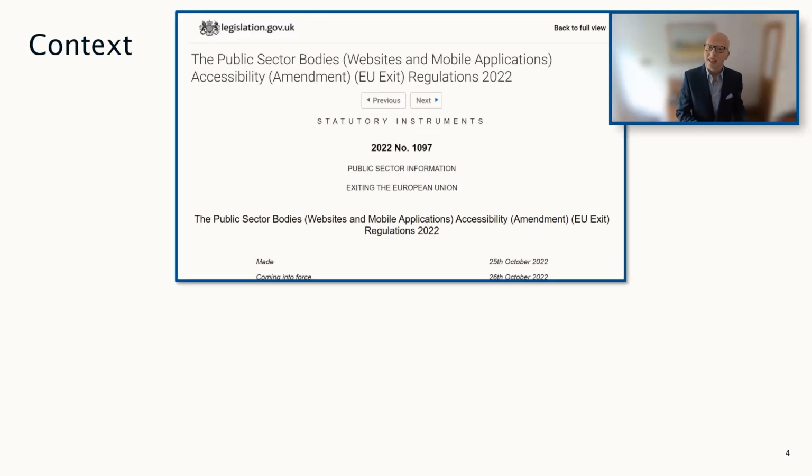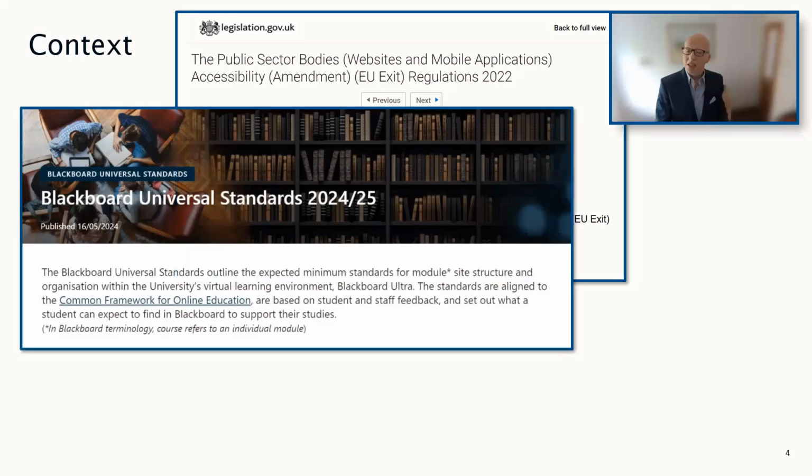And with statutory legislation such as the public sector bodies, websites and mobile applications accessibility regulations in the UK, the latest 22 version I have a screenshot of on screen, and other developments like our Blackboard Universal Standards that set an expectation of meeting a minimum 70% accessibility score for online teaching materials, we have a growing expectation for staff across our institution to engage with accessibility.